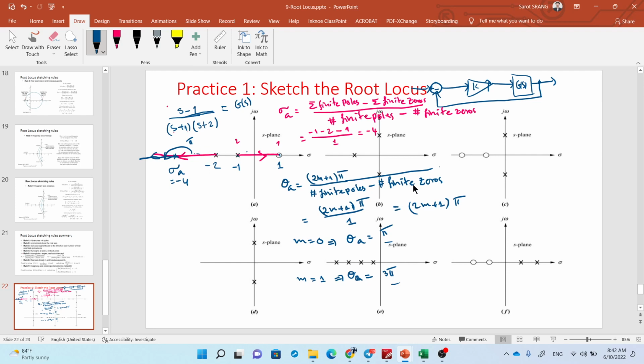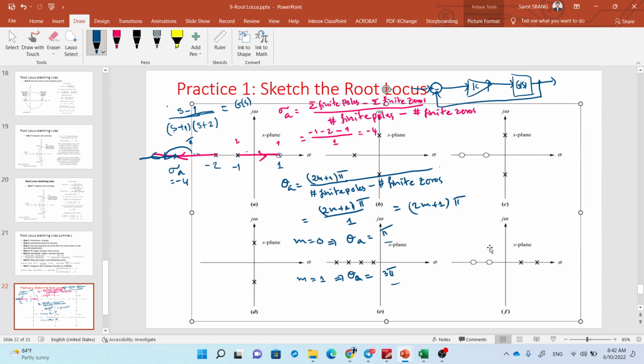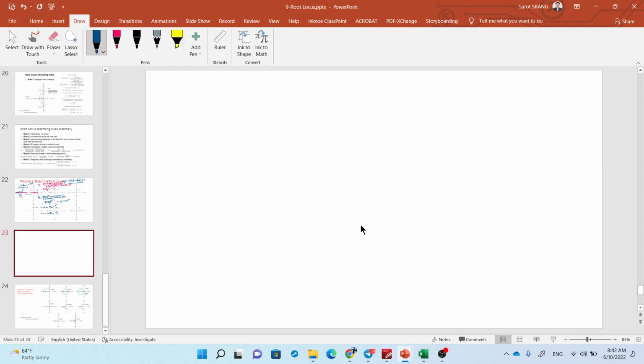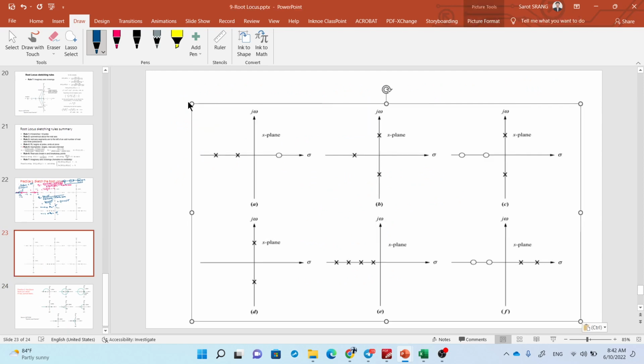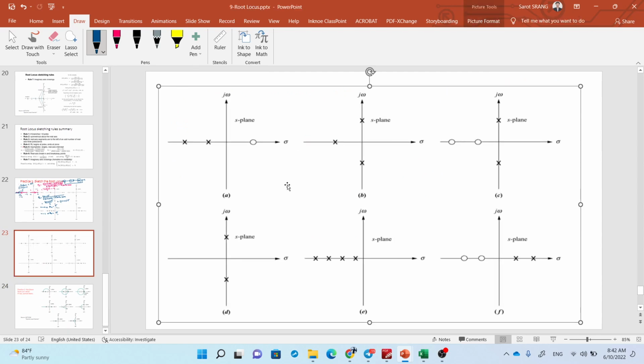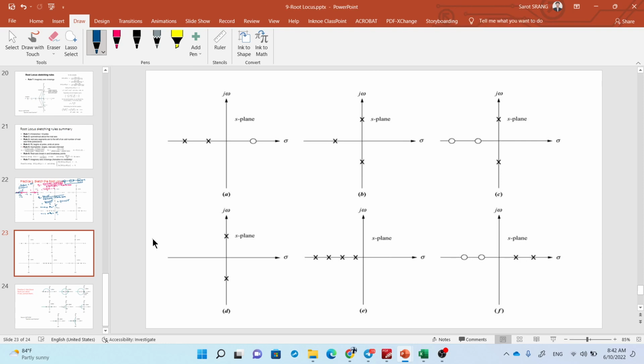Okay. So let me copy this. Then let's do it for the second example. So this one you can imagine, let's say this is minus 1.